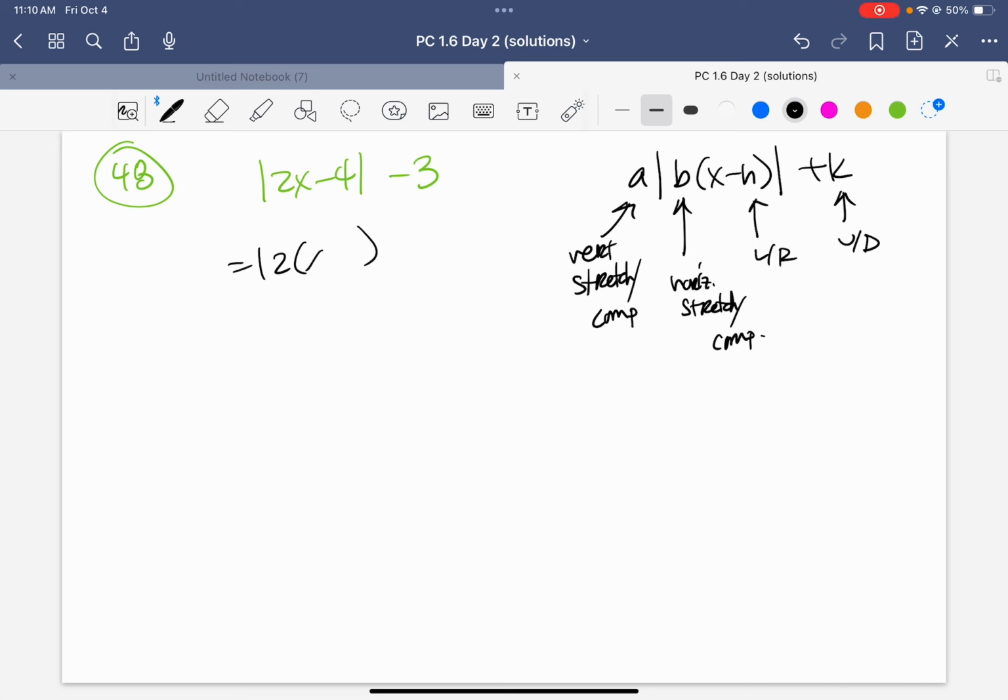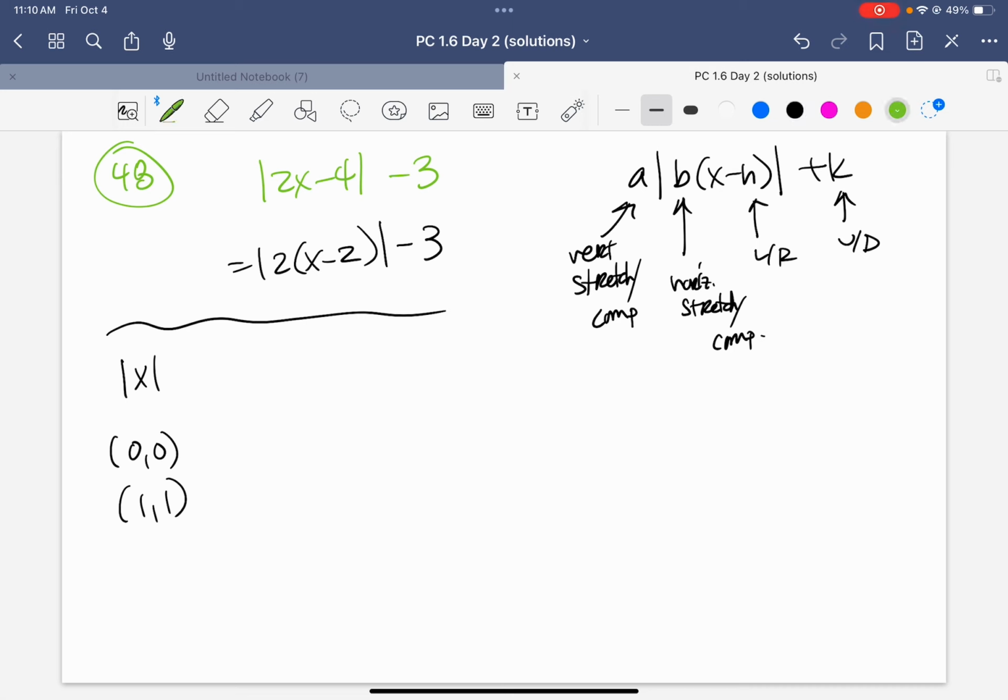So I'm going to rewrite it first by factoring out a 2, and so you get this. And so I think my original graph is absolute x, that's my parent function. And on that graph I'd have many points, but I think I'd have those two.